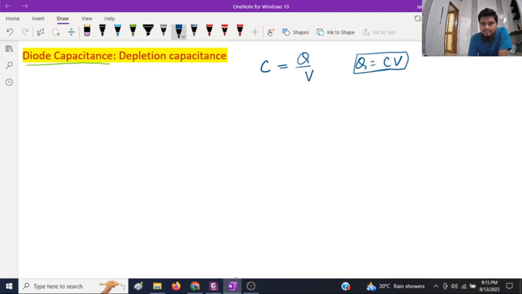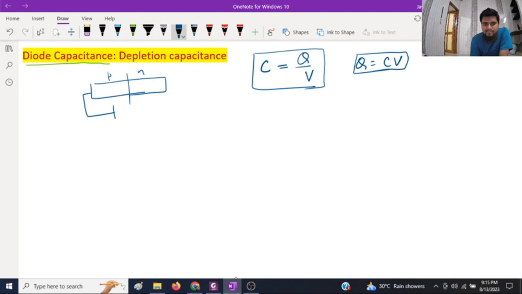However, this is for those systems where the capacitance is constant, okay? But if capacitance is dependent on voltage, as in the case of a PN junction diode, because in a PN junction diode, when we apply a reverse bias, these junctions are actually varying.